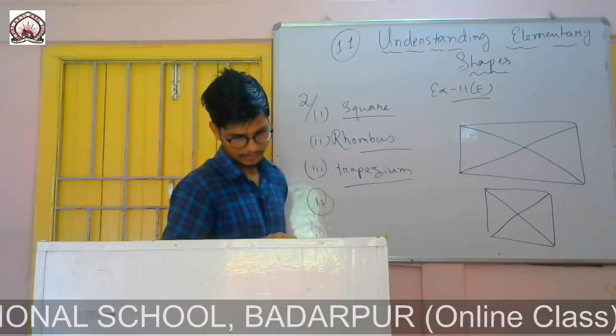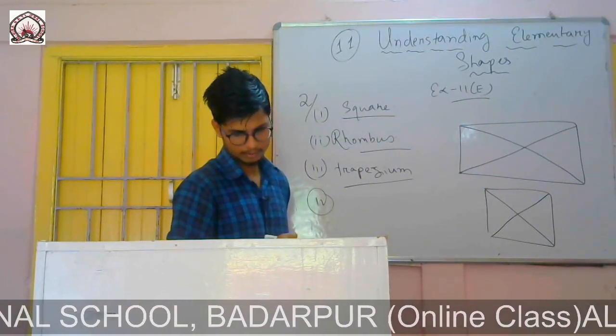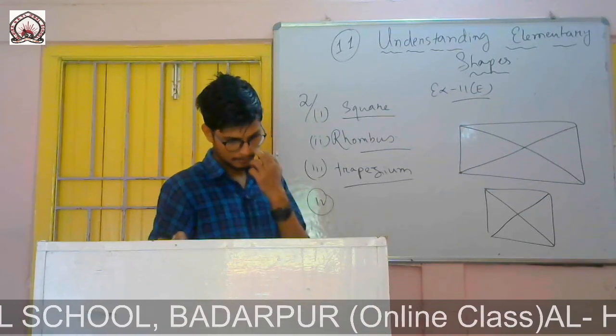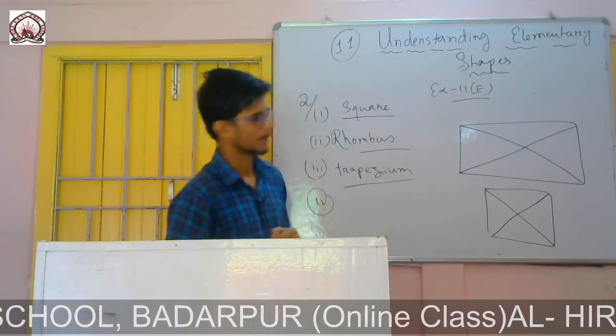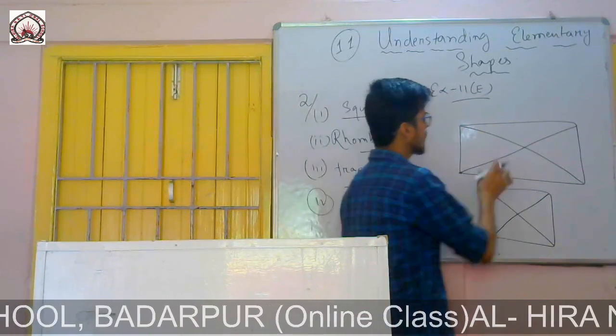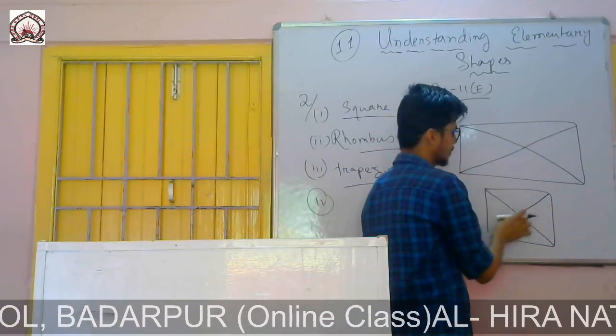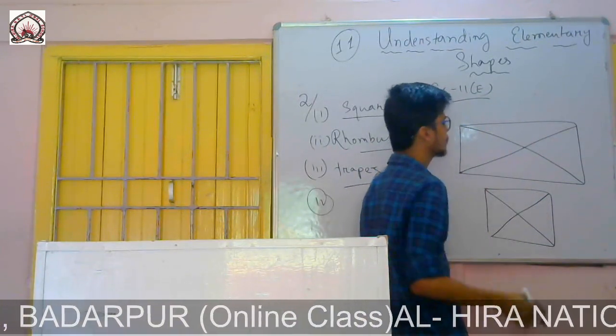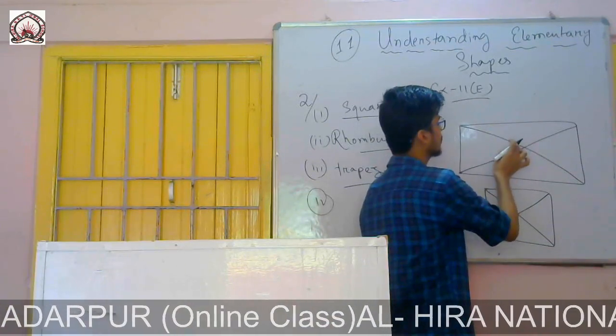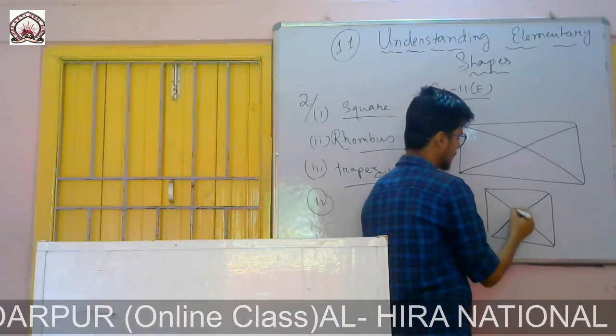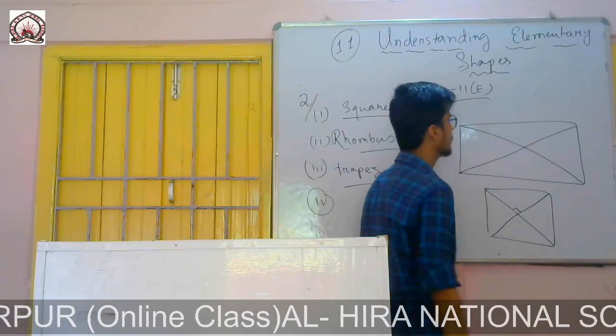The question is that the diagonals of this quadrilateral are equal but not perpendicular. In case of rectangle and square the diagonals are equal, but in a rectangle they are not perpendicular, while in a square they are perpendicular to one another.